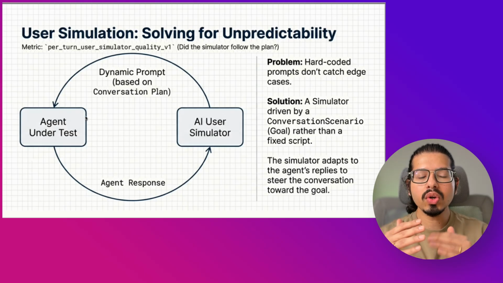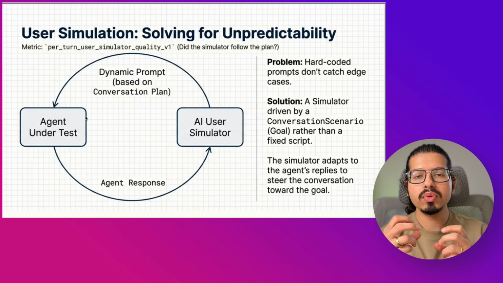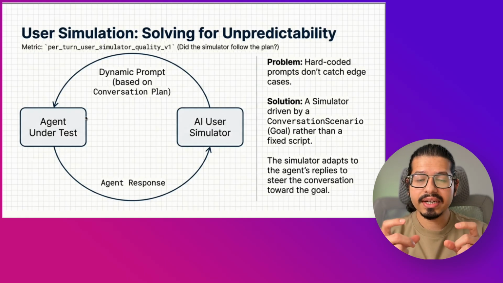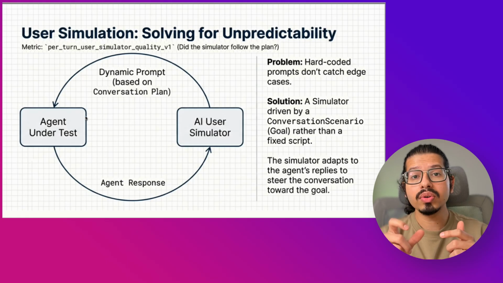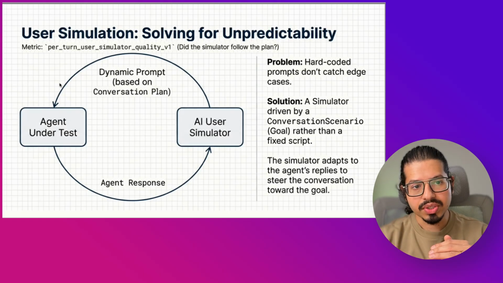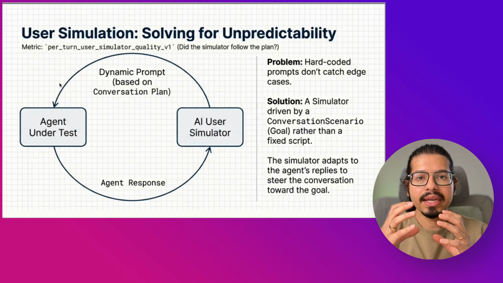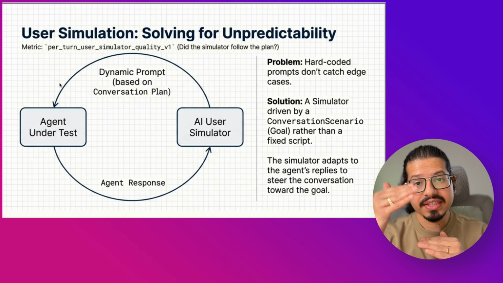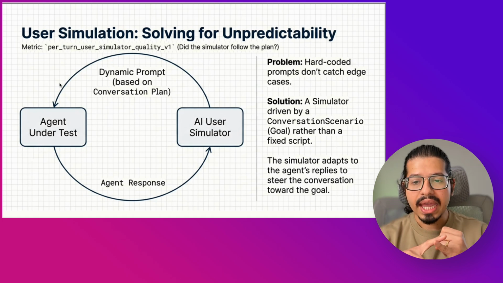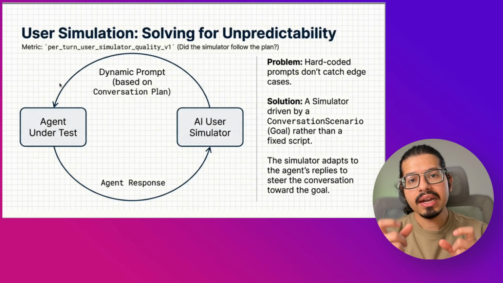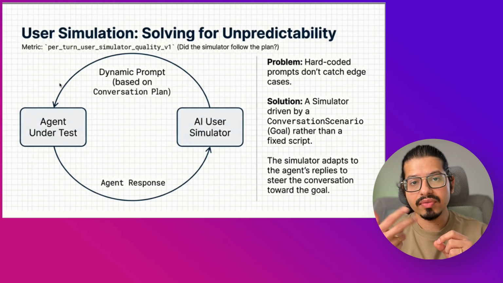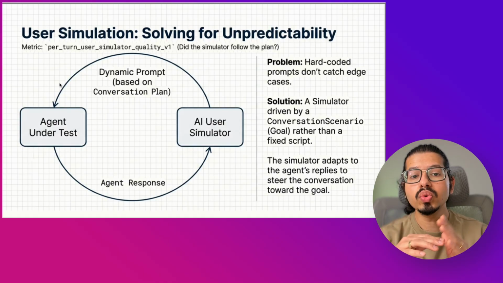Now, hard-coded prompts don't actually expose the edge cases. The test files that we create have hard-coded information, hard-coded prompts. But real users do not actually behave like that. They are very unpredictable. So user simulation solves this by defining a goal instead of a fixed script. So we define a goal, and then at the backend, an LLM model behaves like a user and simulates the conversation such that a user is typing prompts to the agent.